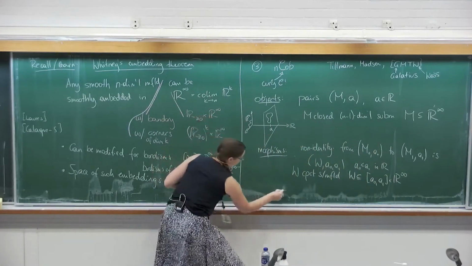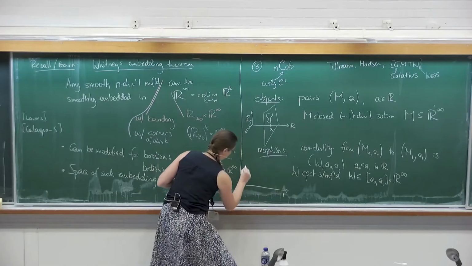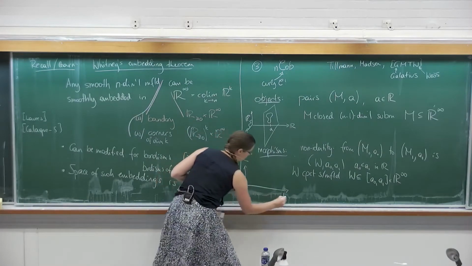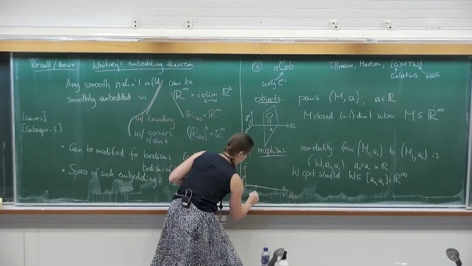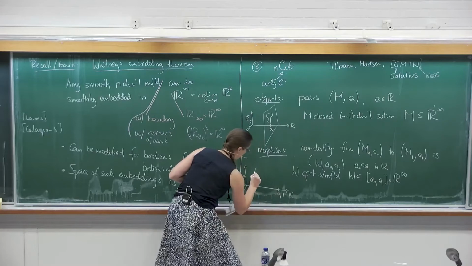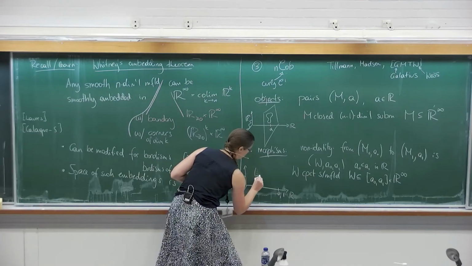So if I extend my picture from before, I have my a0 somewhere, my a1 somewhere, and then I have something sitting over that.